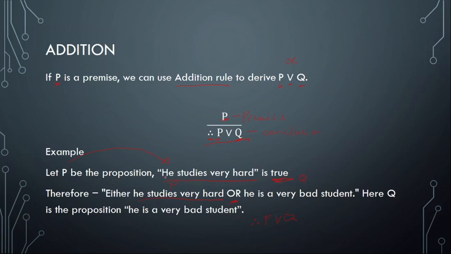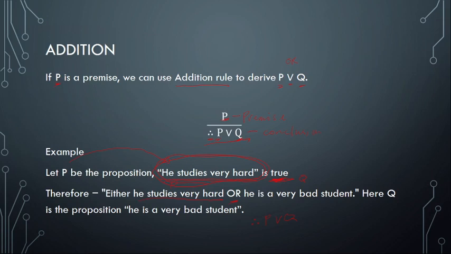If you still remember propositional logic, as long as the connective is an OR, as long as one of the two variables is true, the returned value is true. So never forget the OR connective: as long as one variable is true, the return value is true. This is the addition rule.